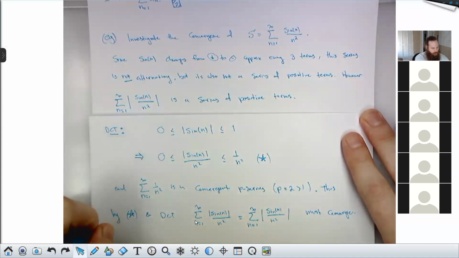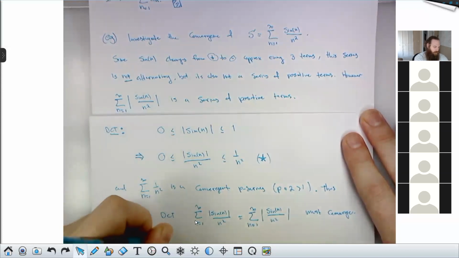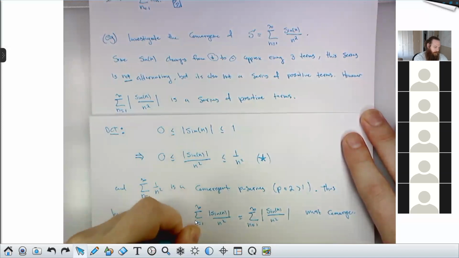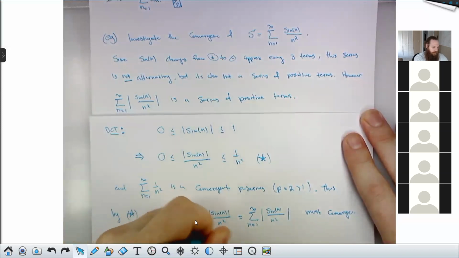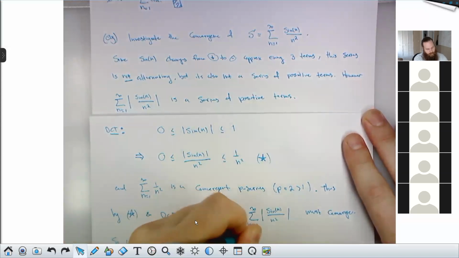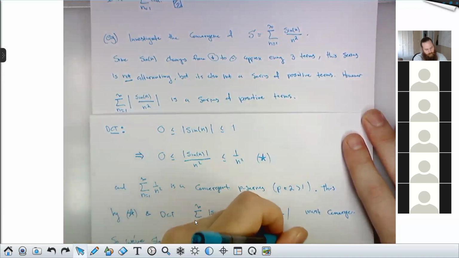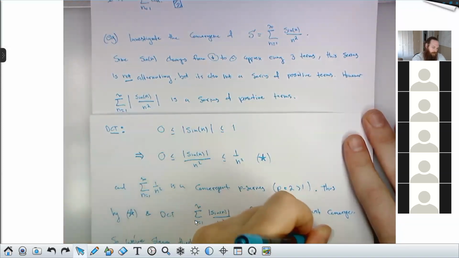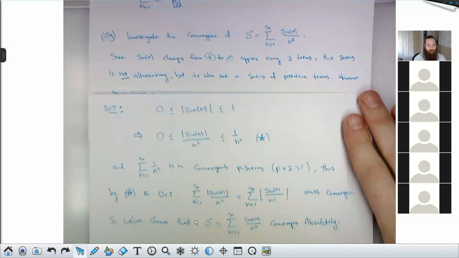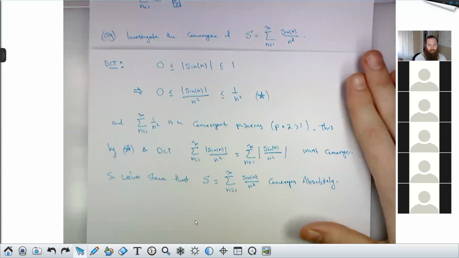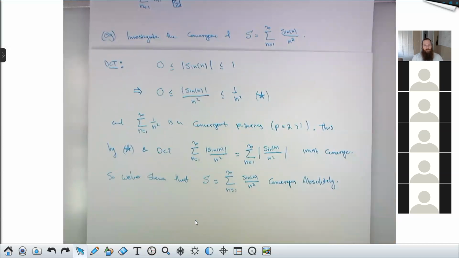So we've shown that the original series S, which is sigma n from 1 to infinity sine n over n squared, not only converges, but converges absolutely. So here's the solution.